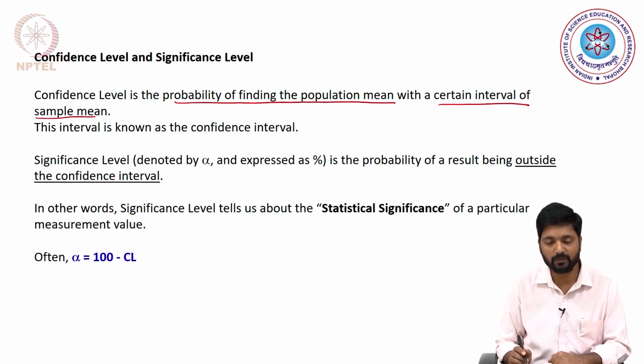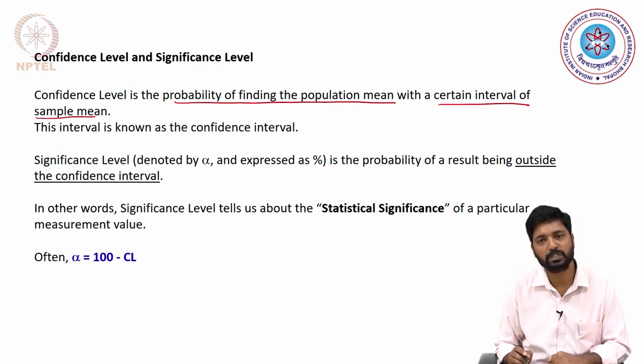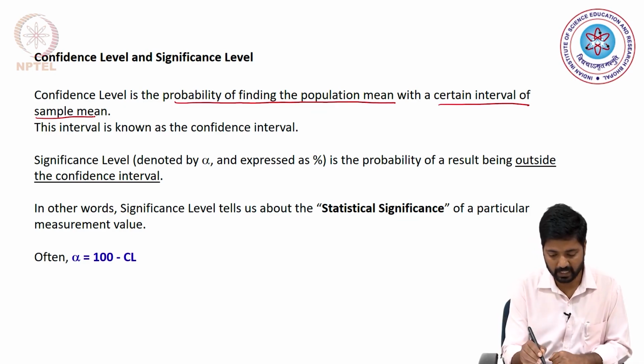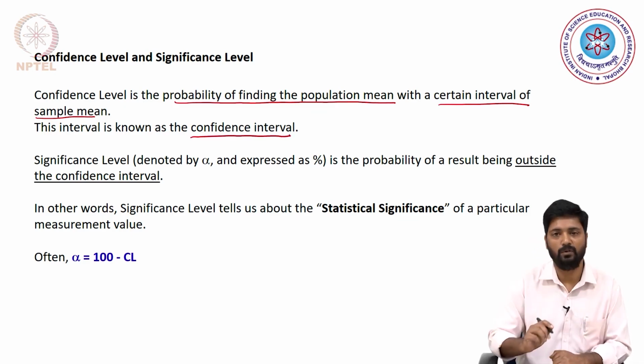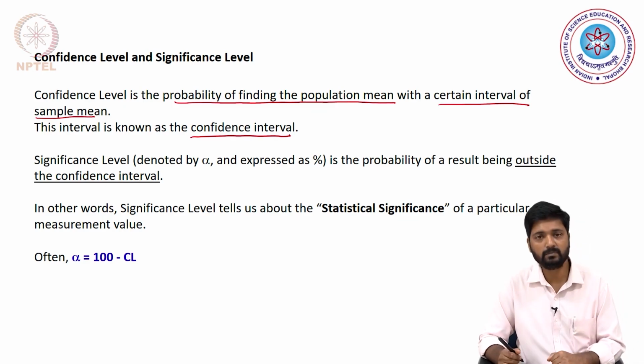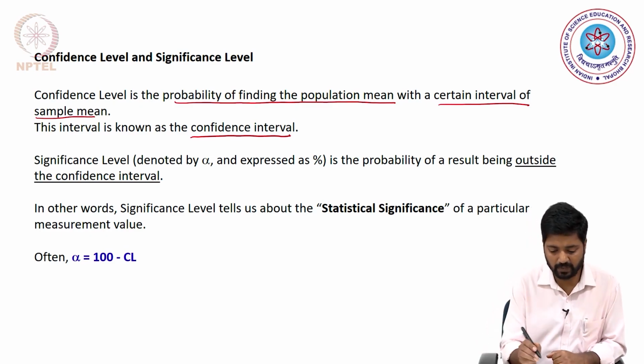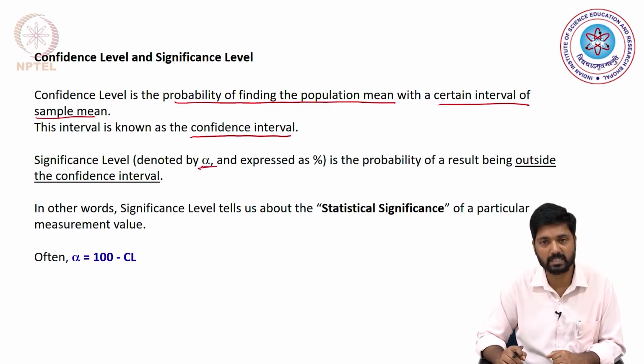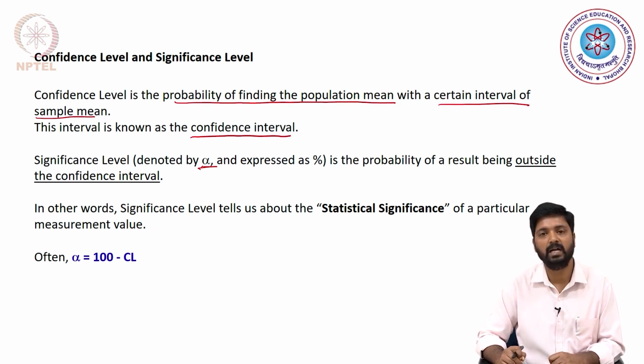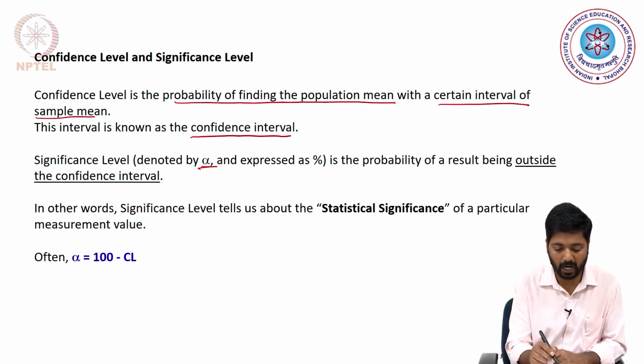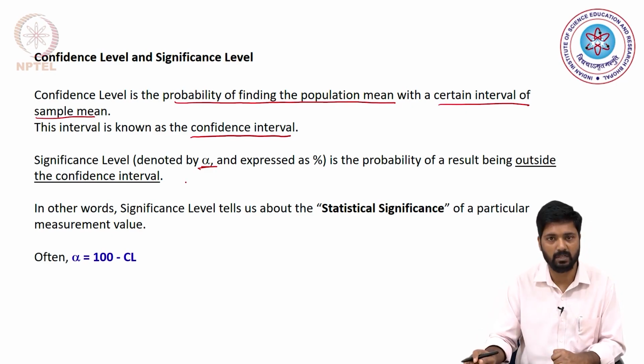Now, the interval within which the population mean is supposed to lie is known as the confidence interval. The significance level, which is denoted as alpha, is expressed as a percentage, and it is the probability of the result being outside the confidence level.